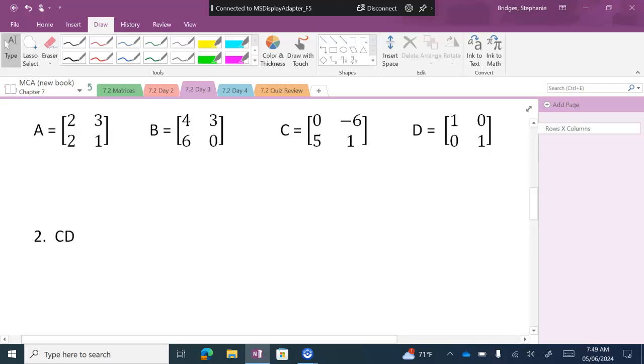So I'm going to write C times D. And then again, I like to label the number of rows in the first matrix and the number of columns in the second matrix.